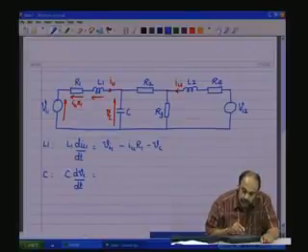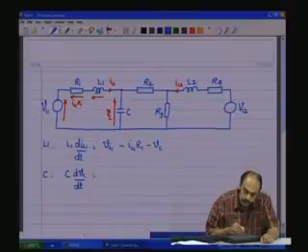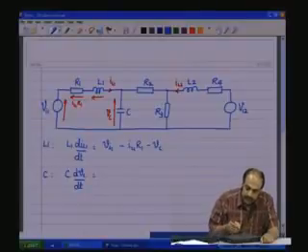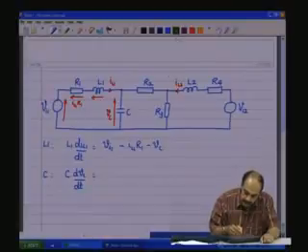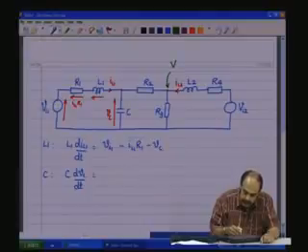But what is the current through R2? This node potential minus this node potential divided by R2 will be the current through R2. But we have not given a variable to this node potential. Therefore, we shall now introduce an intermediate variable at this point in a different color, and let me call it as Vx.